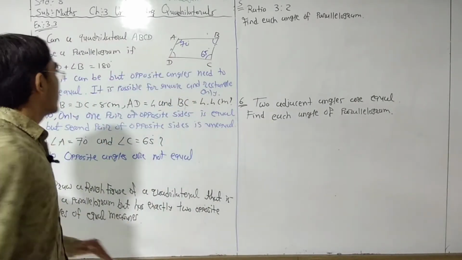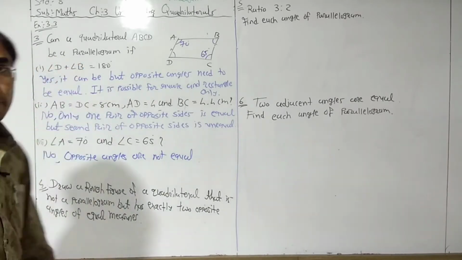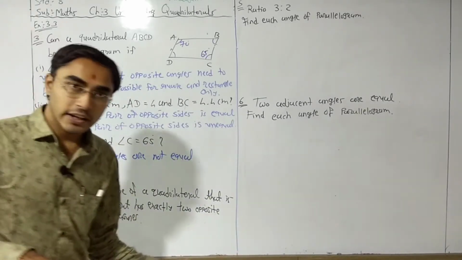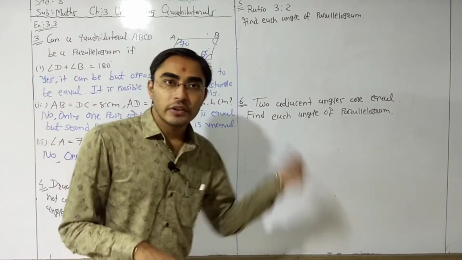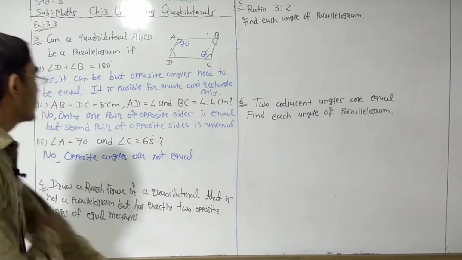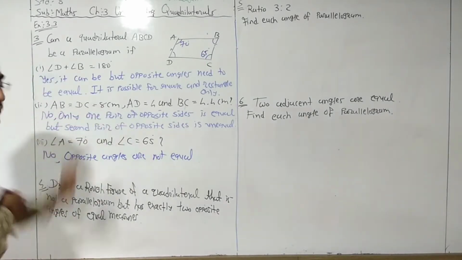Again, we quickly repeat this. Angle B plus angle D is 180 degrees. Sometimes it is true in the case of square and rectangle only, but for other cases it is not true, right? Then the second condition is AB is equal to DC is equal to 8.